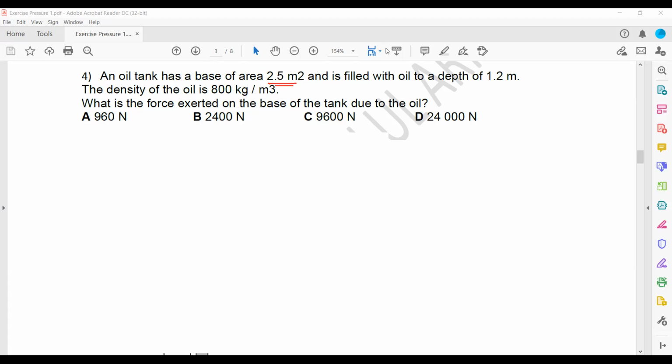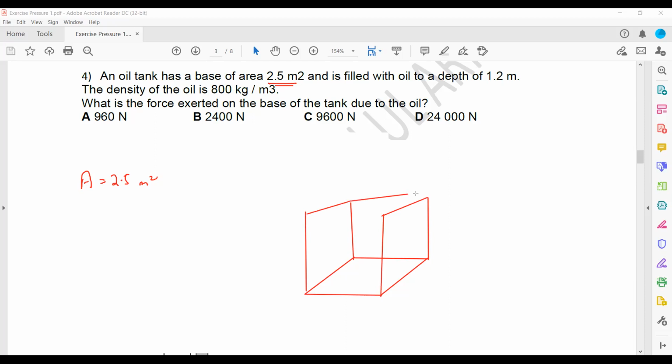So in this question, you have an oil tank which has an area of 2.5 meters square. So this base area is equal to 2.5 meters square, and it is filled with oil of depth 1.2.